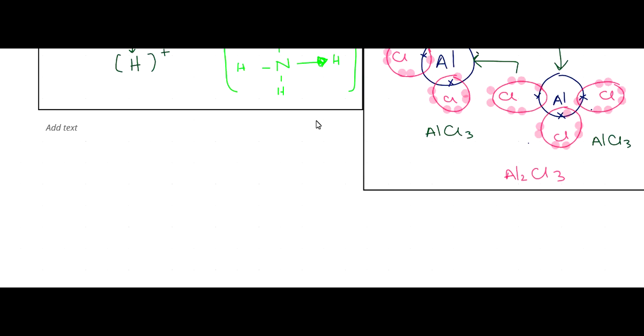This is because there is greater attraction between the shared pair of electrons and the nucleus. Obviously, in a single covalent bond, you're only sharing one pair of electrons. In a double covalent bond, you're sharing two pairs of electrons.